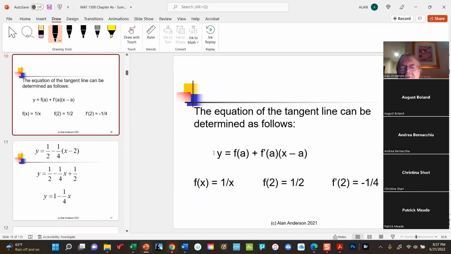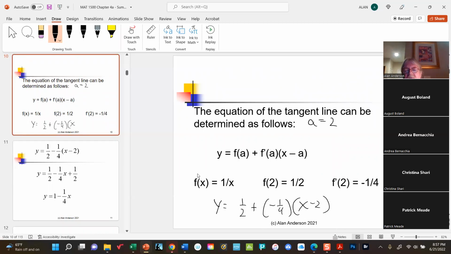This is the equation we're aiming for. We already know that f of x is 1 over x. Remember, we're assuming that a is 2. f of 2 is a half, f prime of 2 is negative a quarter. So when you plug everything in, you've got 1/2, negative a quarter, x minus 2.